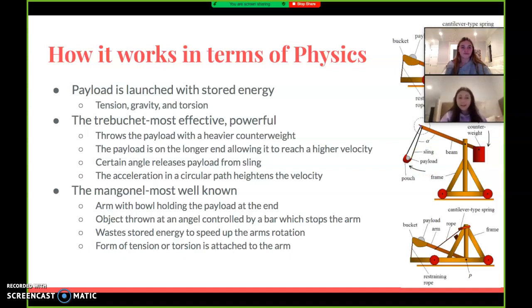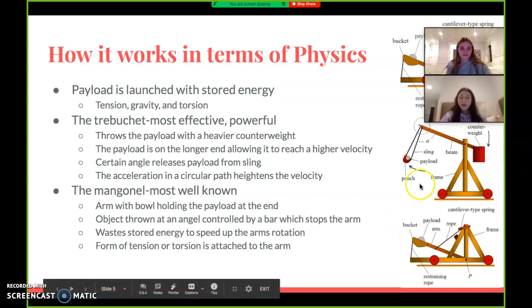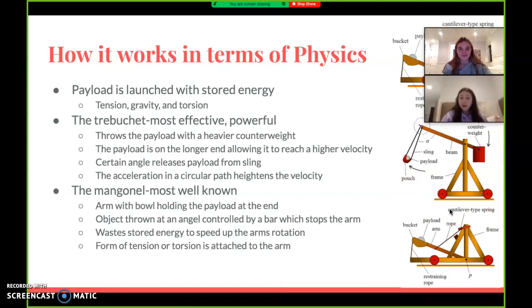Then the mangonel is one of the most well-known ones. It's the third photo, and it's basically an arm that holds a bowl which contains the payload, and then the object is thrown with the rotating arm at a certain angle, which is controlled by a bar that stops the arm from going too far.